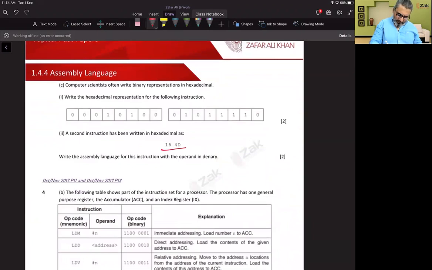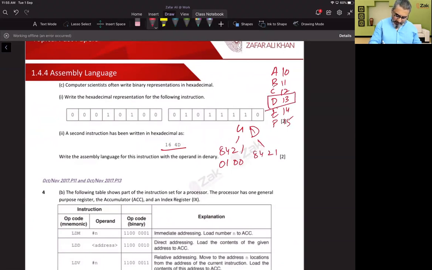Now 16 and 4D. So 4 is 1, 2, 4, 8, 0100, and D is A, B, C, D, E, F, 10, 11, 12, 13, 14, 15. So D is what? 13. So 1, 2, 4, 8. 8 and 4, 12 and 1, 13. So this is 4D. What is 16?